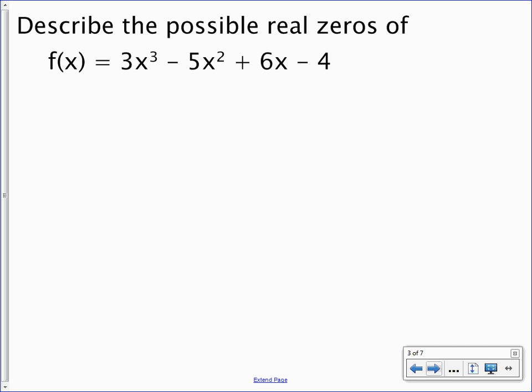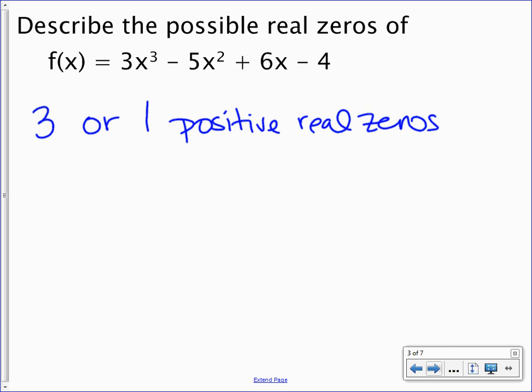So that means we're going to have 3 or 1 positive real zeros. We have to account for the possibility of those imaginary zeros. So there are 3 sign changes, so there's 3 or 1 positive real zeros.